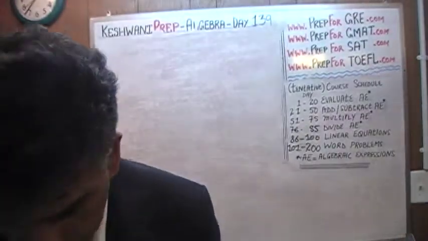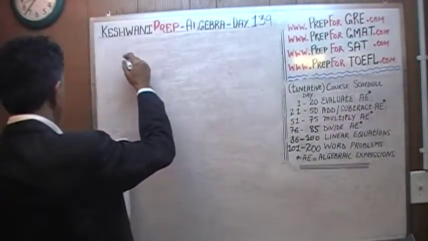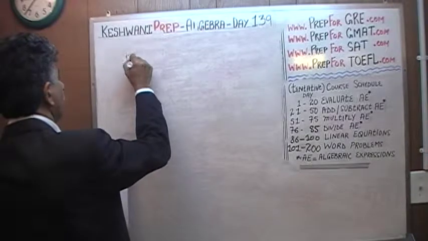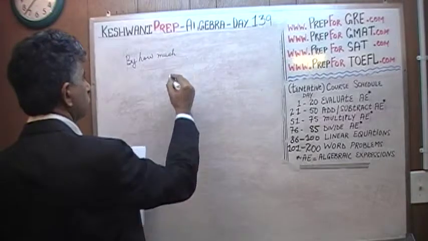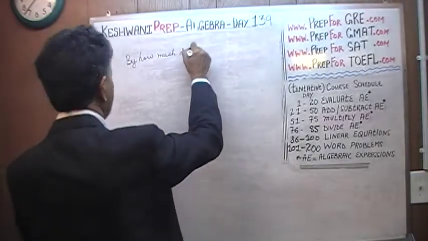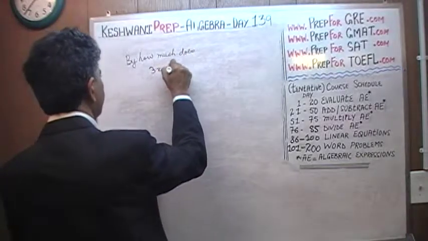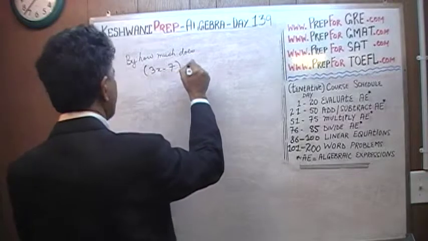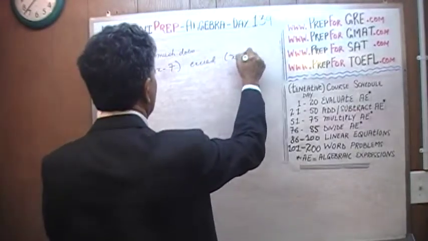Day 139. By how much does 3x minus 7 exceed x plus 2?